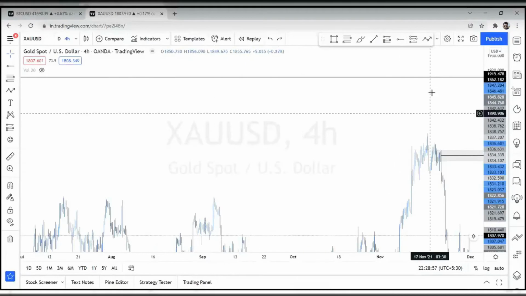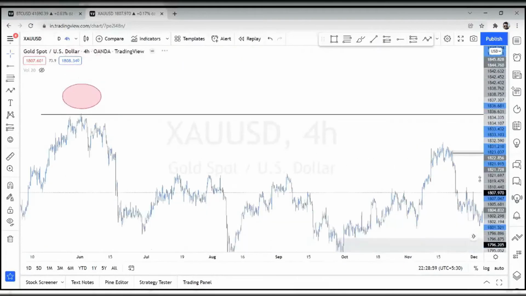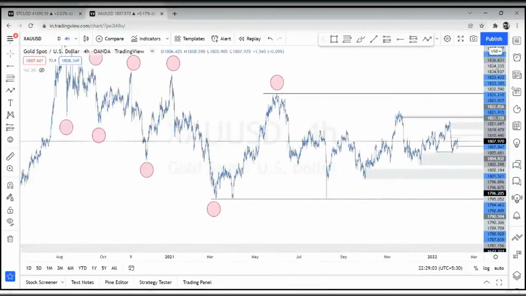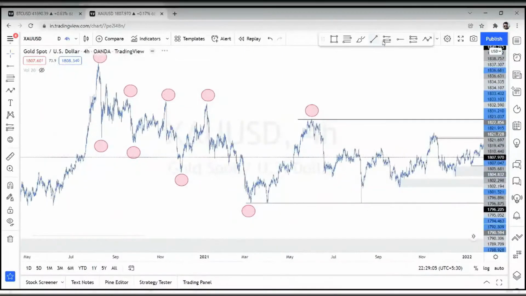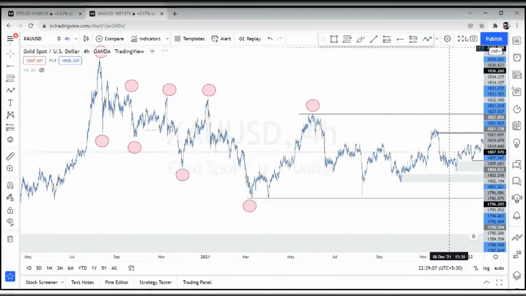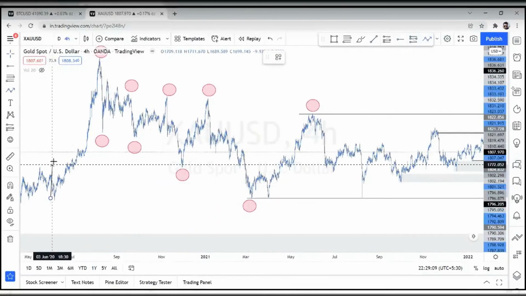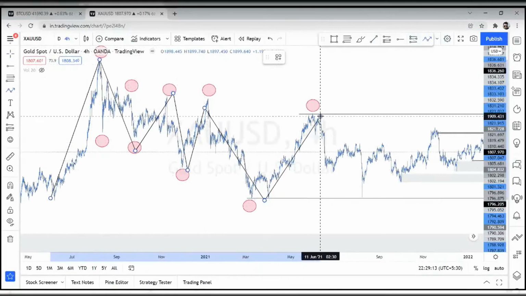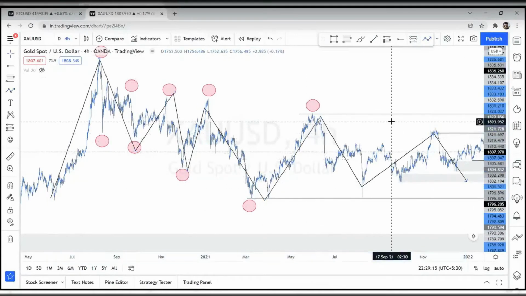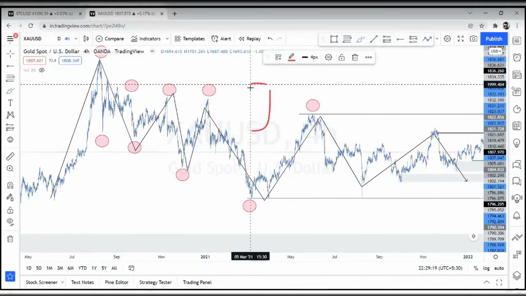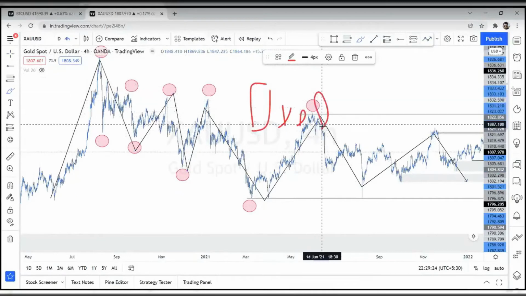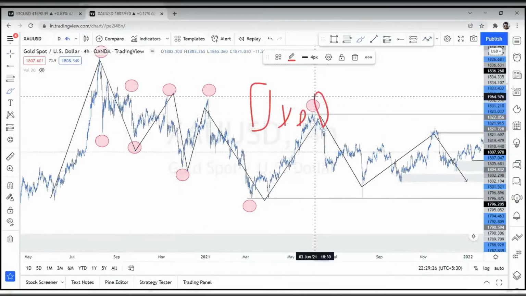You don't even need to look at the higher time frame. What do you see here right now? This is the structure. If you really want to go crazy, you can see your structure already. And what are these? These are just candles forming like this, like this, like this. Some like this, the break of structure maybe, and then some like this.